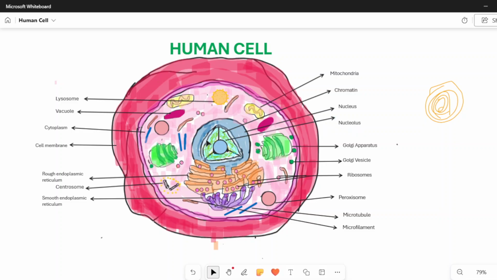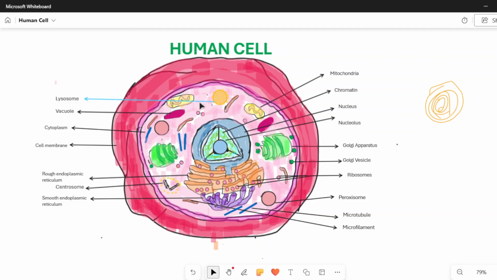We also have something called chromatin inside the nucleus. Now, this nucleus is the brain of the human cell. Brain means it controls whatever has to be done inside the cell.